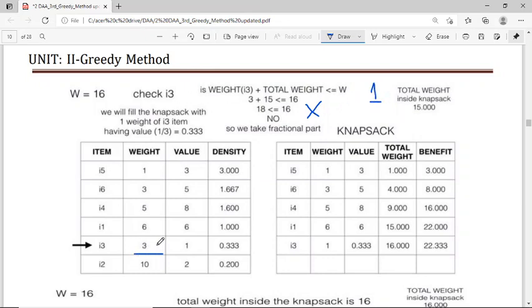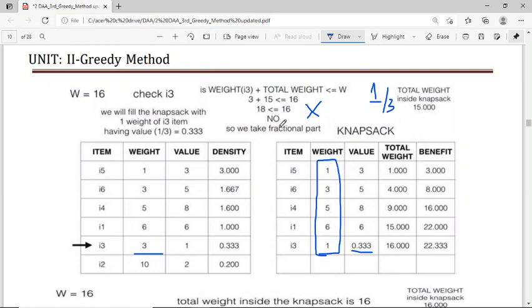The weight is 3, so we can take 1 by 3. So when I do 1 by 3, the profit is 0.33. If you calculate this, 7 plus 5, 12, 12 plus 3, 15, 15 plus 1 is 16.